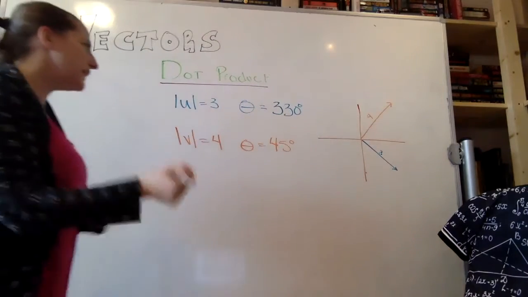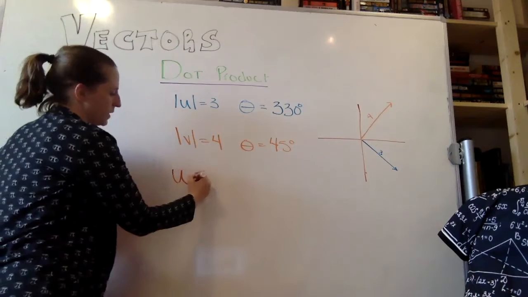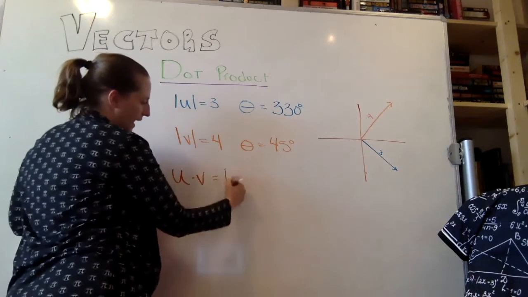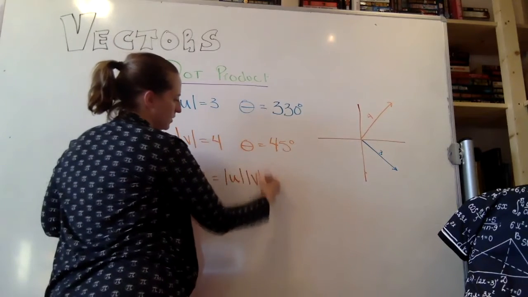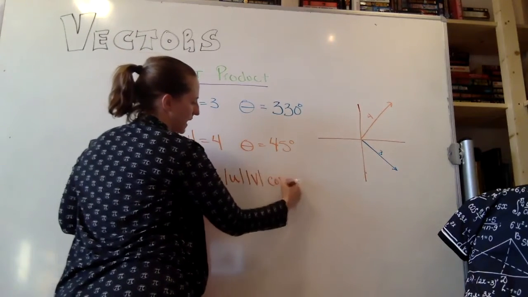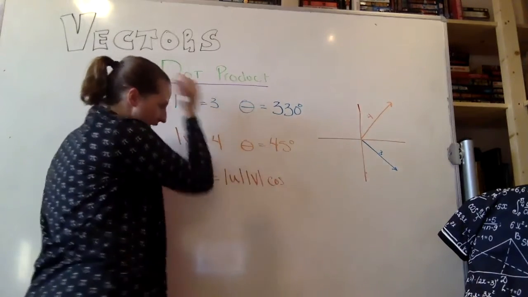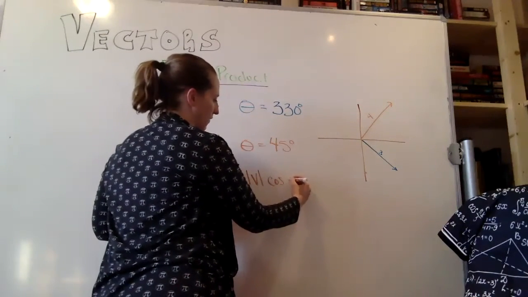This leads us to the other interpretation of a dot product. If I'm going to dot U and V, I can think of that as the magnitude of U times the magnitude of V times the cosine of the angle between them. I've used theta for these angles, so to not confuse myself, I'm going to use alpha.